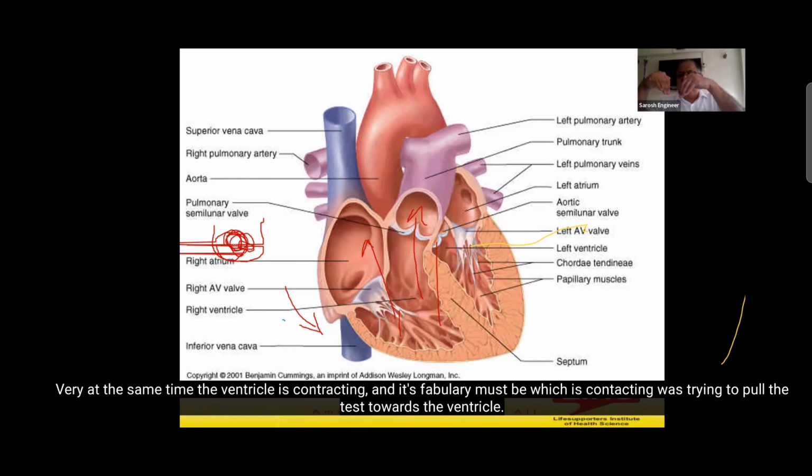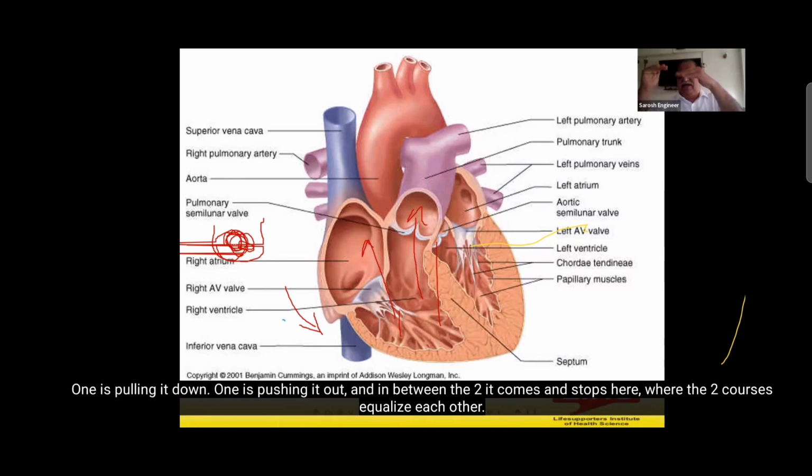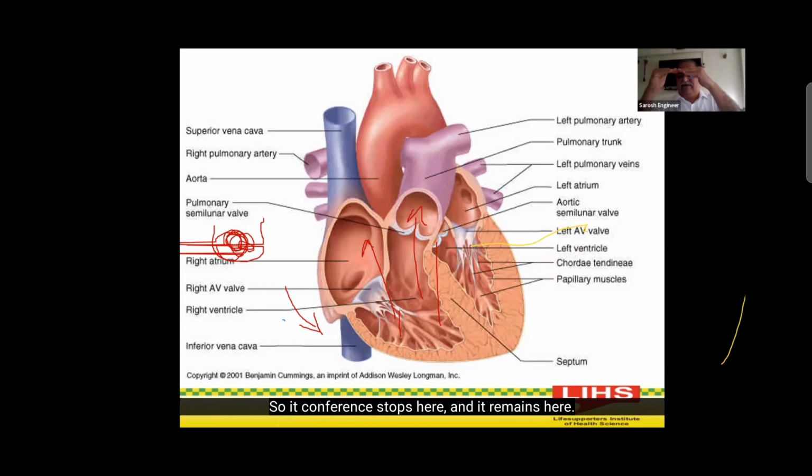See, now there are two opposing forces. The papillary muscle is trying to pull it down, and the hydrostatic pressure of the blood is trying to push it up. In between the two, there is a fight. One is pulling it down, one is pushing it up. And in between the two, it comes and stops here, where the two forces equalize each other. So it comes and stops here, and it remains here.